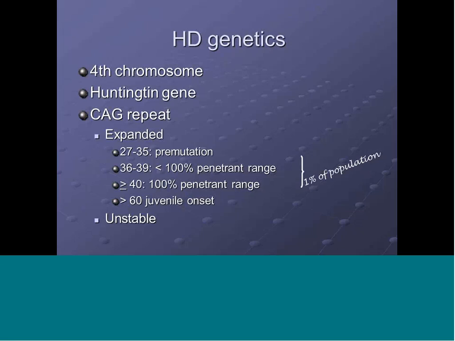Huntington's disease. This is a very devastating condition which involves chromosome 4, which carries the Huntington gene, and on the Huntington gene there is an abnormal protein that affects the CAG repeat.